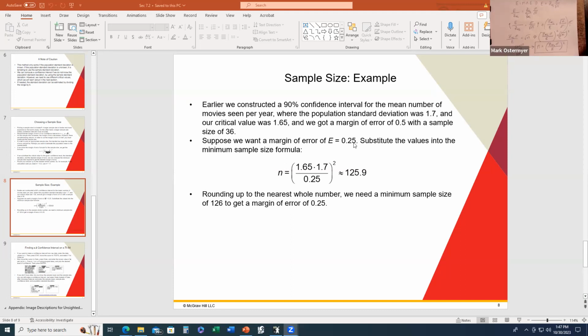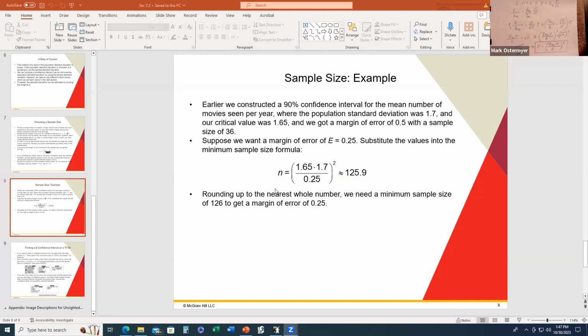And suppose that we want to be 90% confident that this is the case. So the question is, what size sample would we have to extract from our parent population to ensure that our sample mean will not stray more than 0.25 units away from our population mean, with 90% confidence?